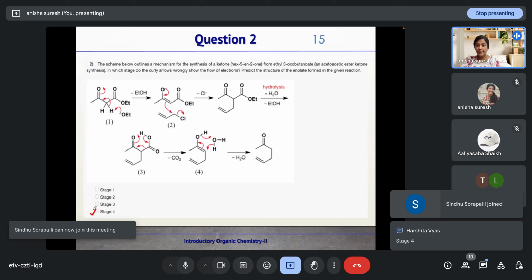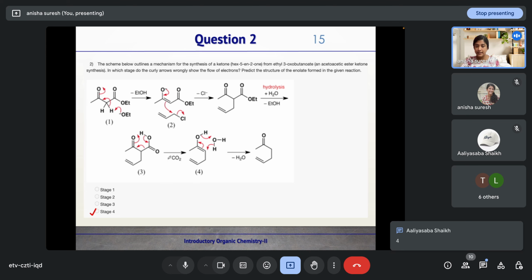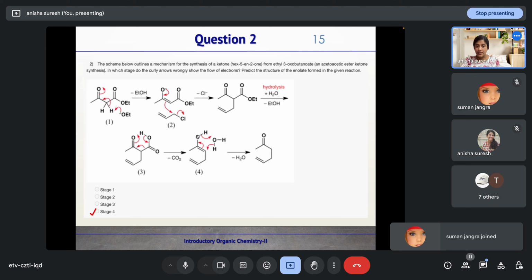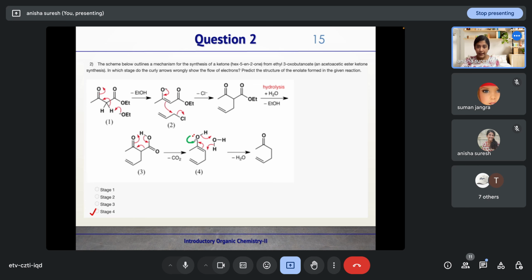Stage 4. Yeah. So we can see here they have shown this is correct. The decarboxylation is correct, and then here is this tautomerism step. So here the right mechanism will be like this.